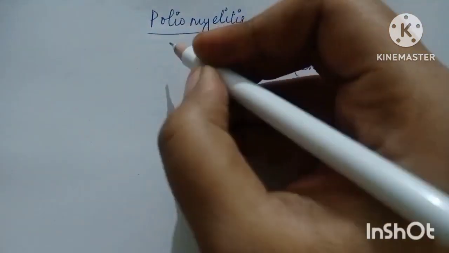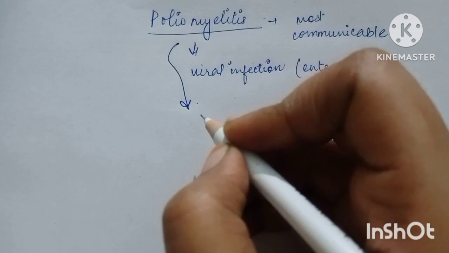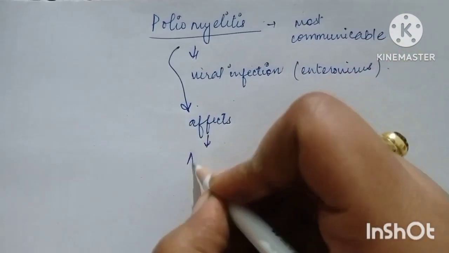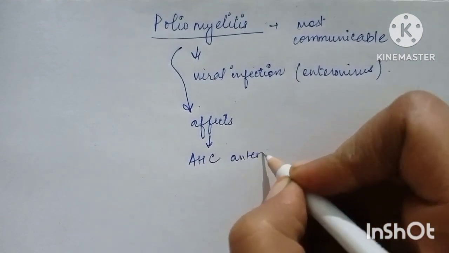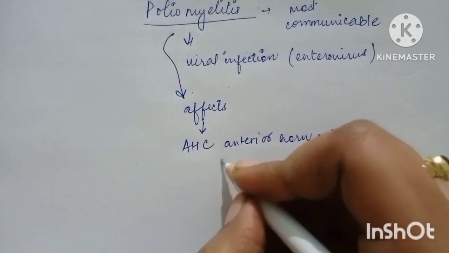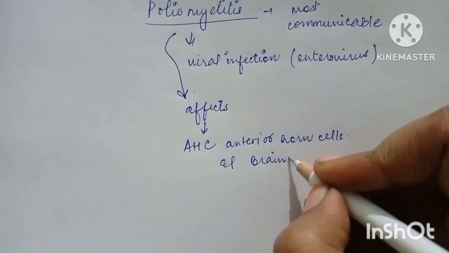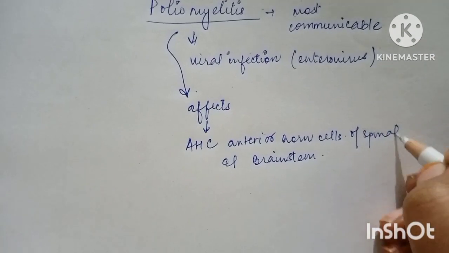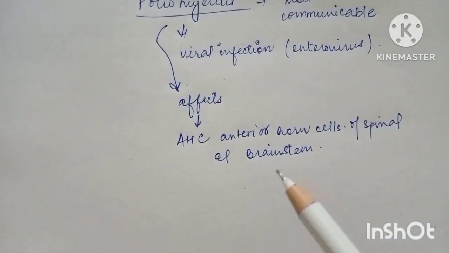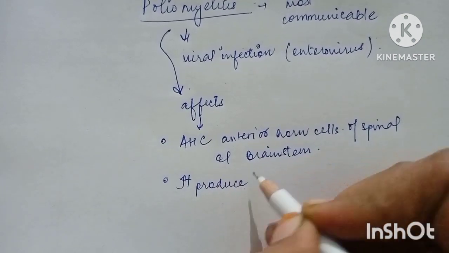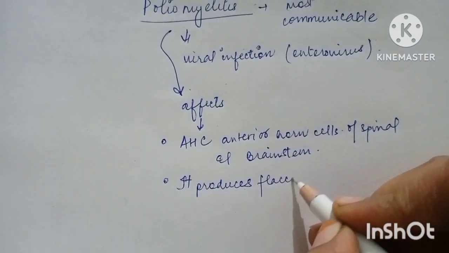So, how does it affect? It affects the AHC, the anterior horn cells of the spinal cord, and the brainstem, and it produces flaccid motor paralysis.